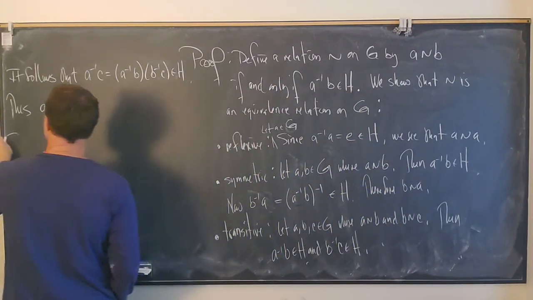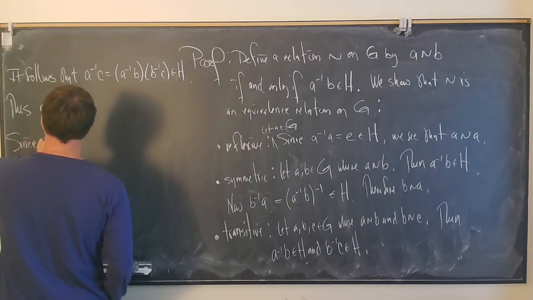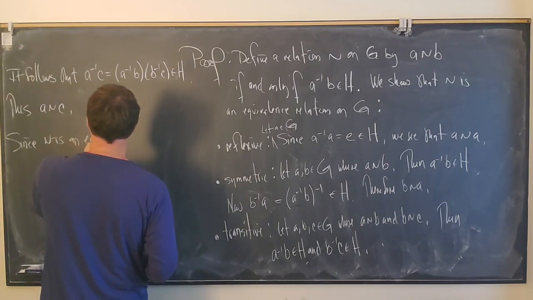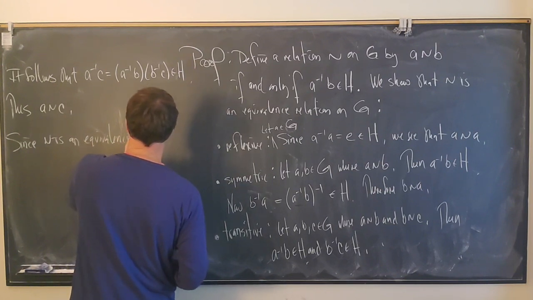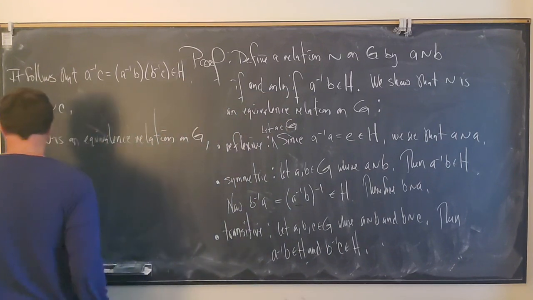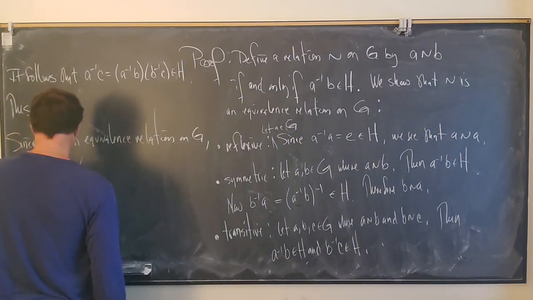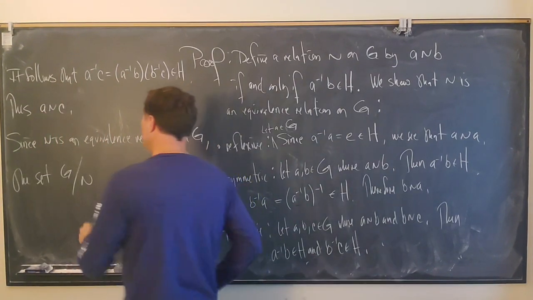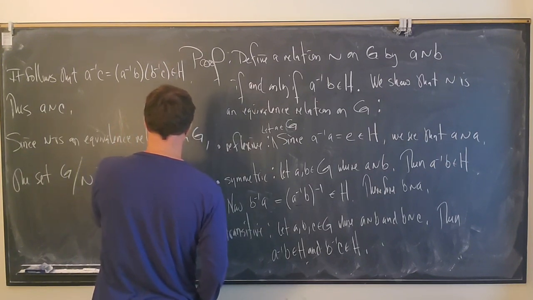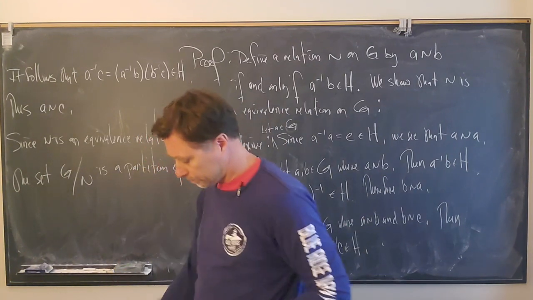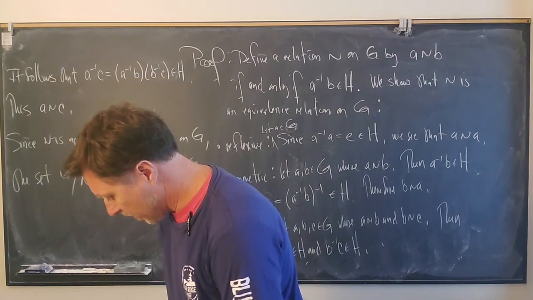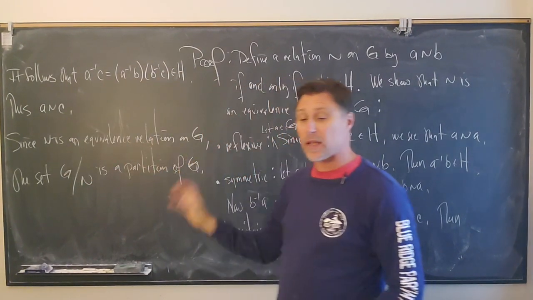Let's say it like this: since tilde is an equivalence relation on capital G, the set of equivalence classes, G mod tilde, is a partition of capital G. What I need to do now is show that the equivalence classes correspond directly to the cosets.